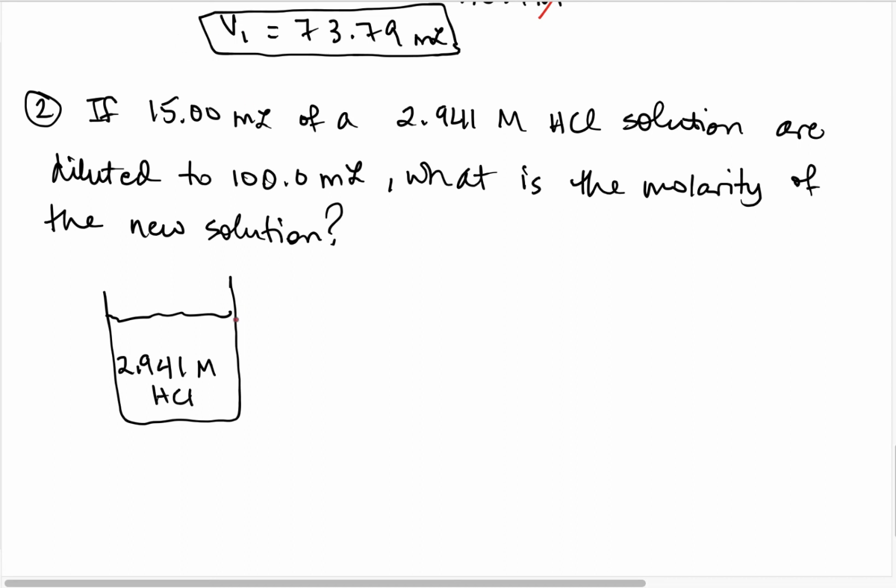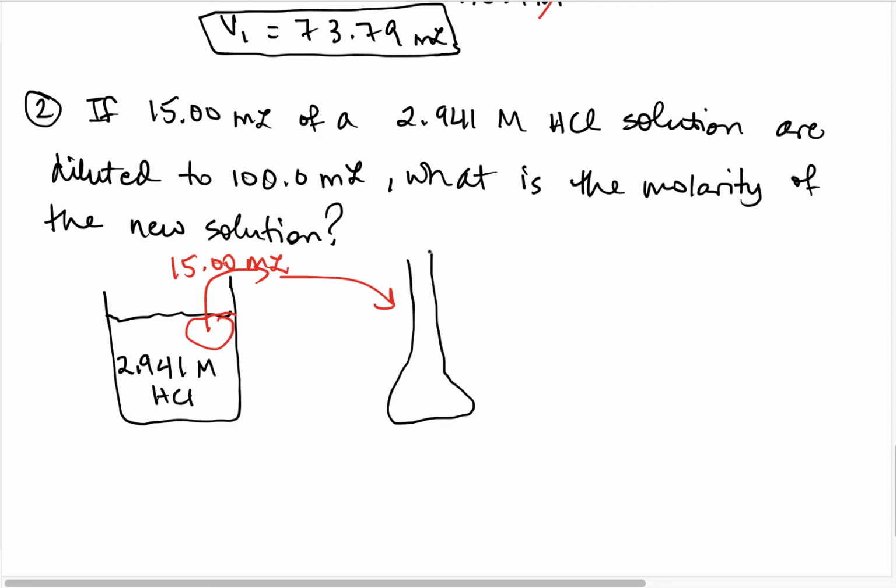And now I take 15 milliliters of this, and I'm going to put it into my volumetric flask. And this is a 100 milliliter volumetric flask. So I'm going to take this 15 milliliters and it's going to go in. And then I'm going to fill it up with distilled water. And then I need my new concentration.